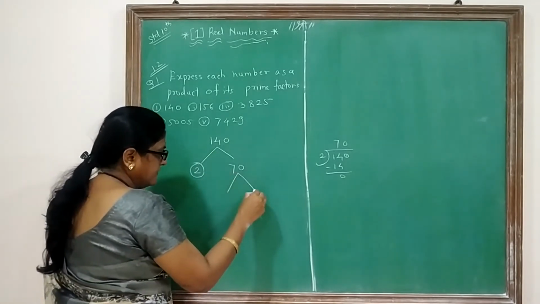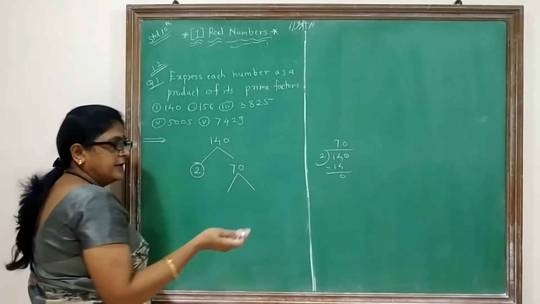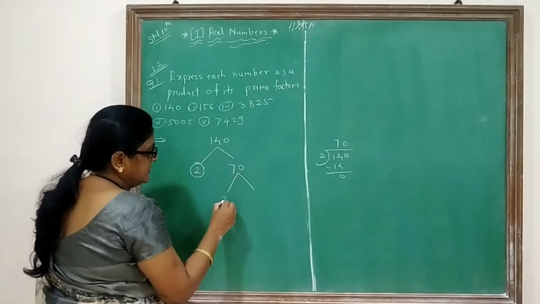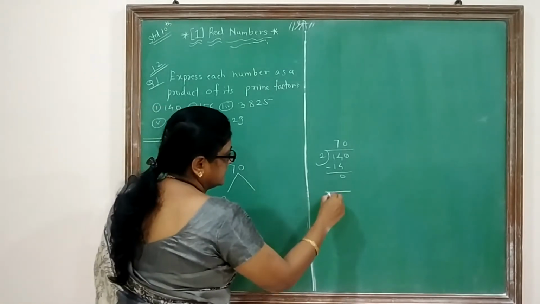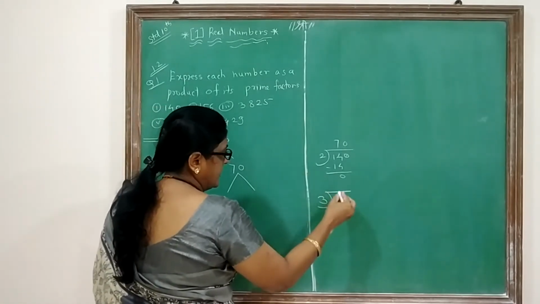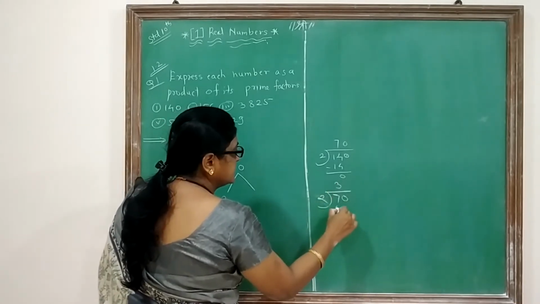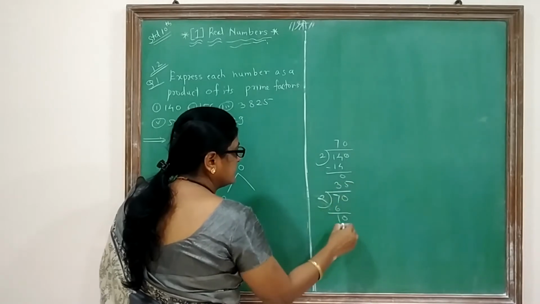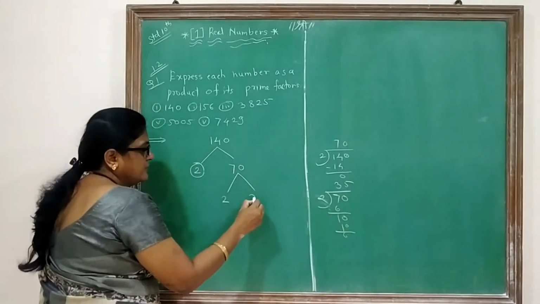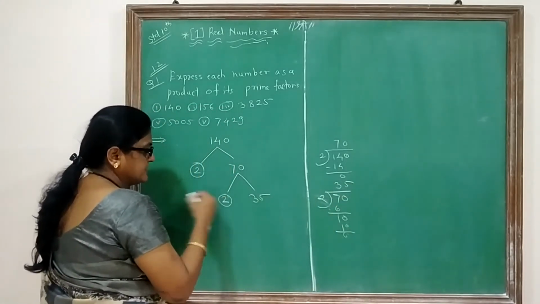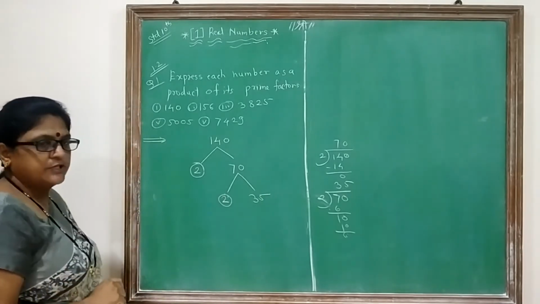Then second, you will divide by 2 again because 0 is present: 2 3s are 6 and 2 5s are 10, so 70 gives 35. Your second prime factor is 2.